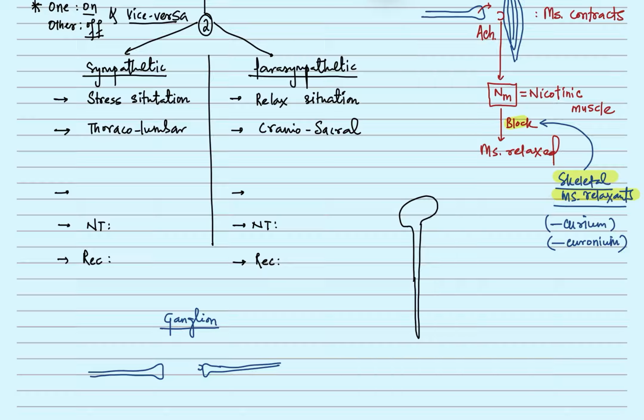The sympathetic nervous system is also called the thoracolumbar outflow. That means it originates from the thoracic and lumbar spinal segments, from T1 to L2. Suppose this is a spinal cord. We know cranial nerves originate from the brain.